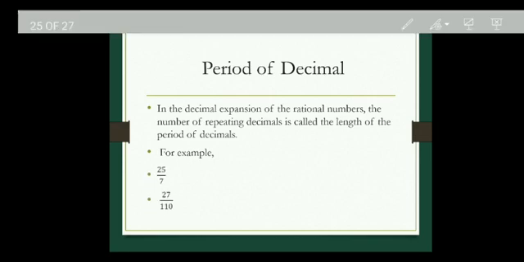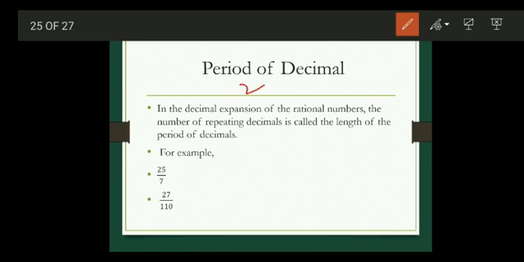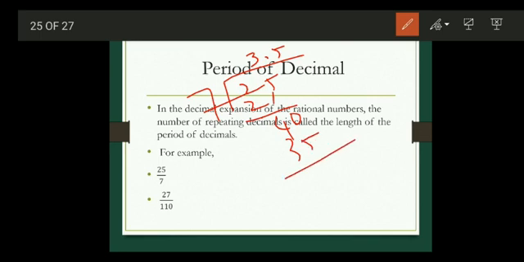Now we'll take more examples to understand decimal expansion. Divide 25 by 7. 1 7 is 7, 2 7s are 14, 3 7s are 21. So the remainder you will get is 4. Now take point 0. 5 7s are 35, then the remainder will be 5.